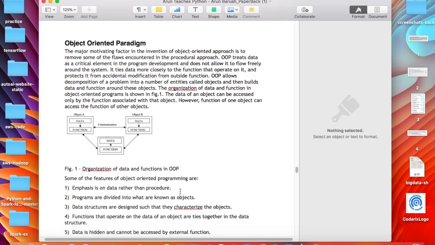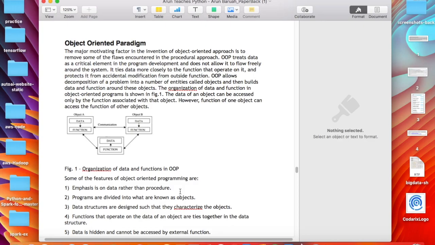Now let us see what is object oriented paradigm. Okay, the major motivating factor in the invention of object oriented approach is to remove some of the flaws encountered in the procedural approach.